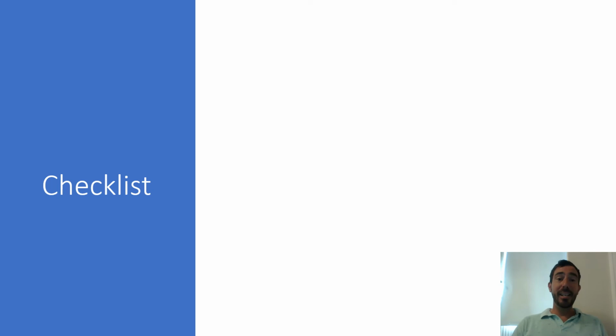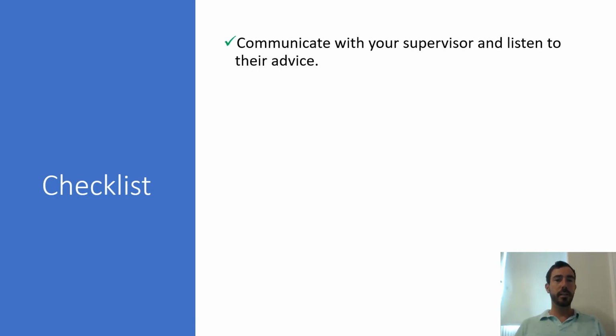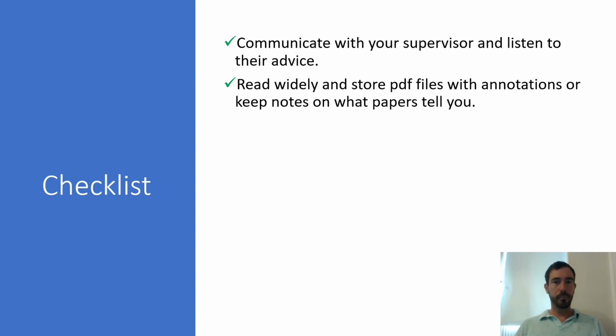So, as a checklist to do in the planning stages of a research project, make sure you communicate with your supervisor and listen to their advice, act on it, and make your proposal and the development of your research questions stronger. Please read widely. I cannot stress that enough.